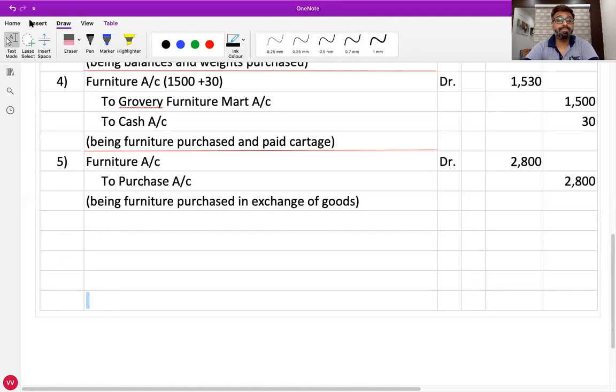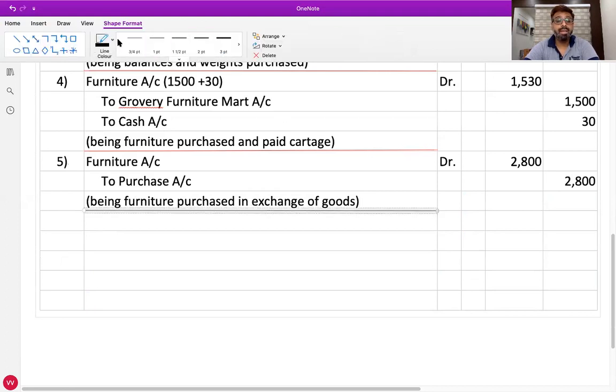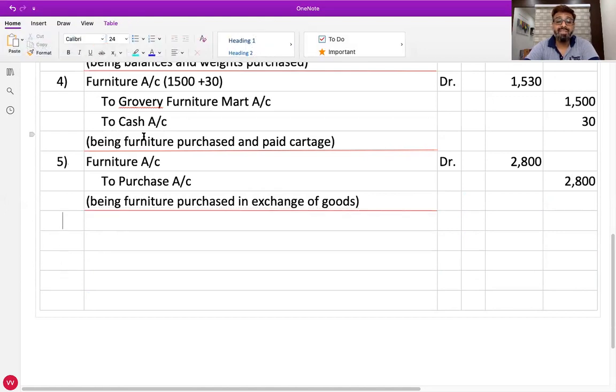Understood that, everyone? Mark this fifth one as important and remember this properly: whenever we buy any asset in exchange of goods, we will record the value of goods only.